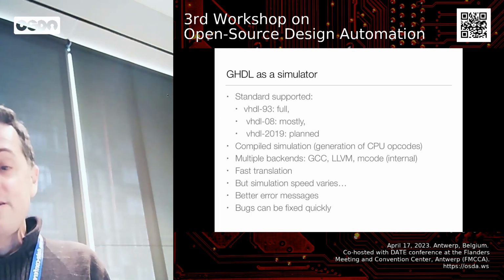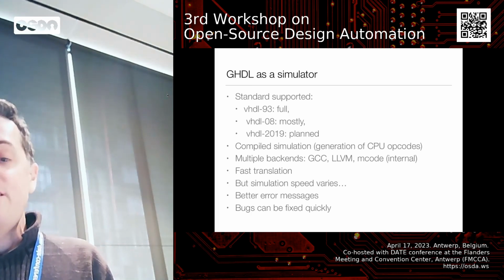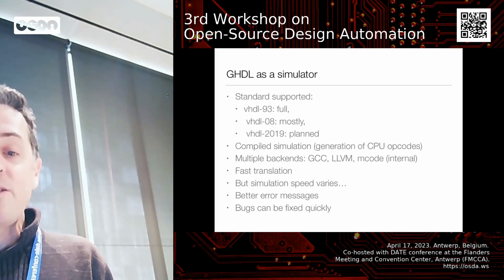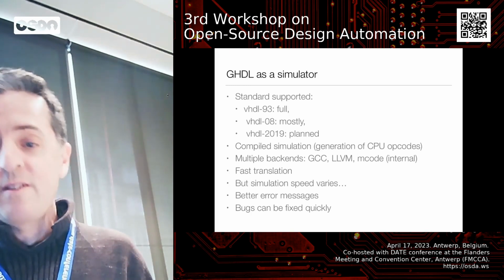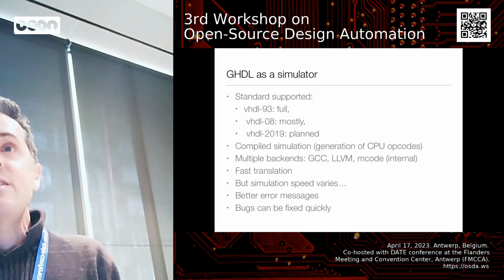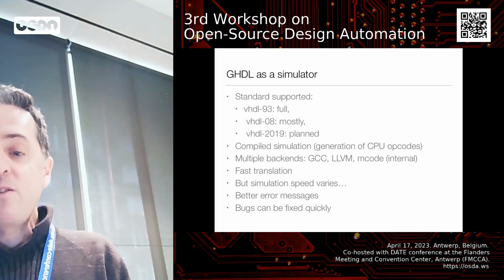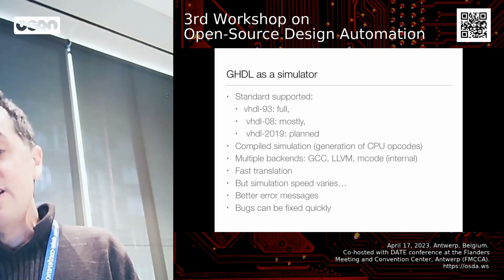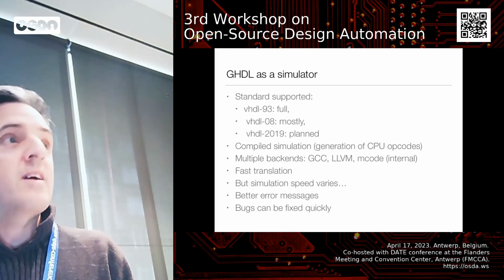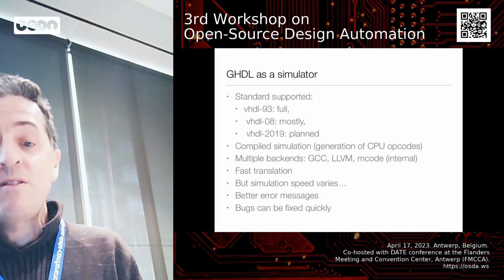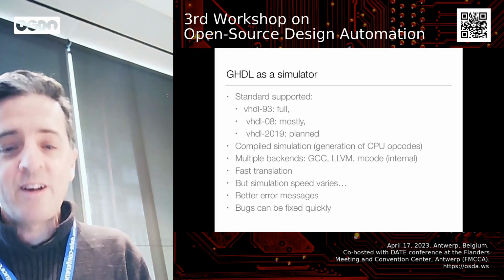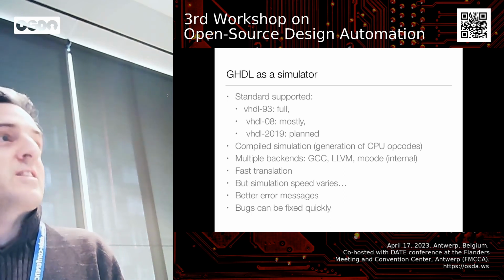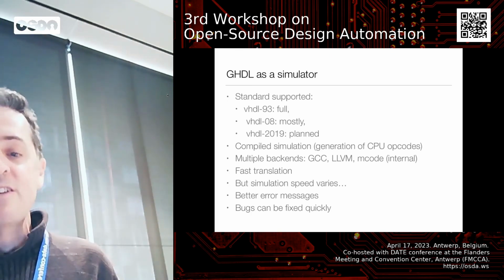It's a compiled simulator, so it generates object code at the end, and the structure of it is made to support multiple backends. So you can see GHDL as a GCC frontend, like C++ or the Go frontend or Fortran. There is no intermediate generation of C code.